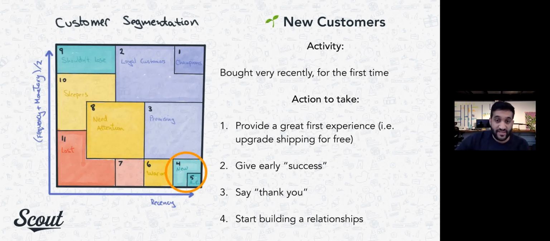Giving early success. So we talked about this already. Giving early success means make them feel good really quickly, right? If you're selling furniture and they have to assemble your product, make it really easy for them to assemble something. Send them a free pizza, which is one of the other apps that we have that's launching in the next couple weeks.